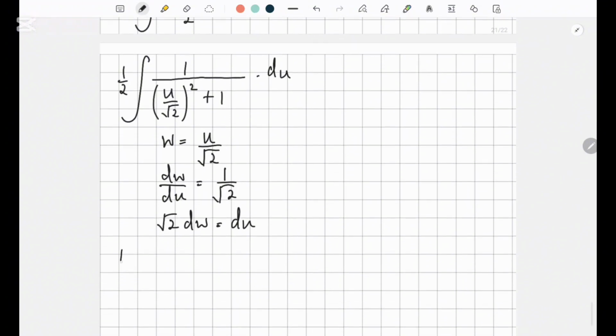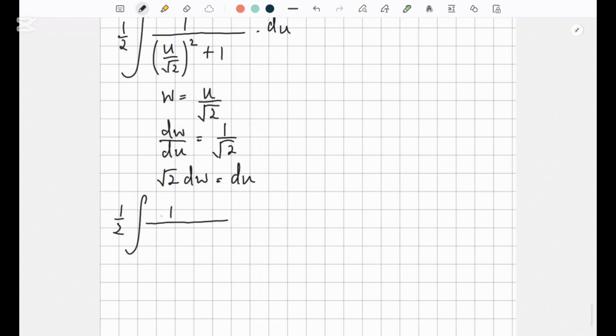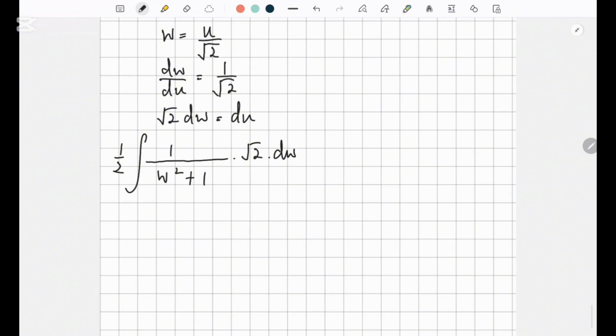So we have half into 1 over, instead of u over root 2, I'm going to write (w squared plus 1) root 2 dw. So it's root 2 over 2 into the integration of 1 over (w squared plus 1) dw.